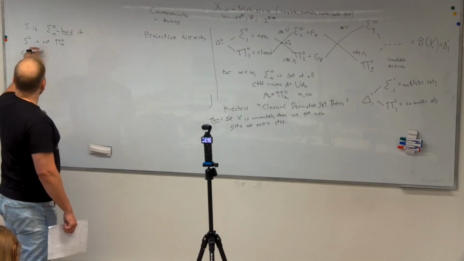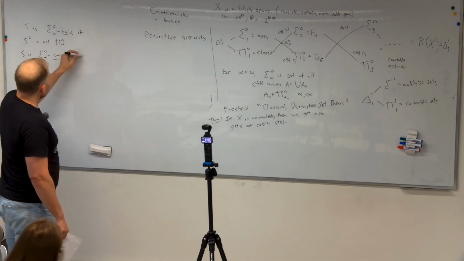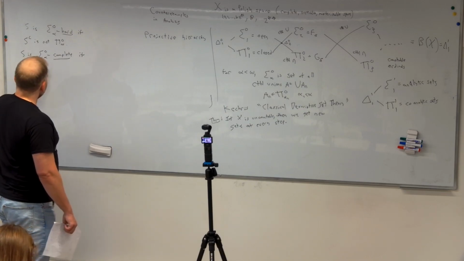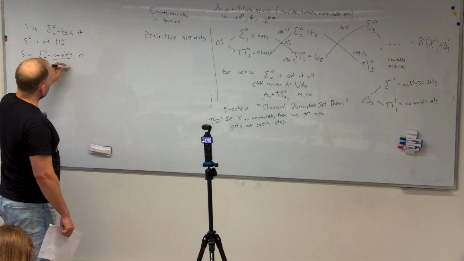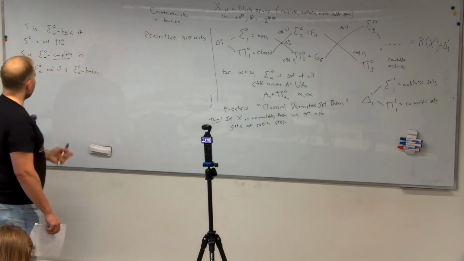And S is sigma 0 alpha complete if S is in sigma 0 alpha and S is sigma 0 alpha hard. So you have two conditions.